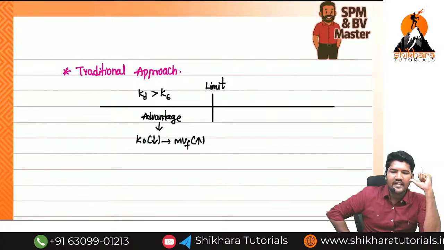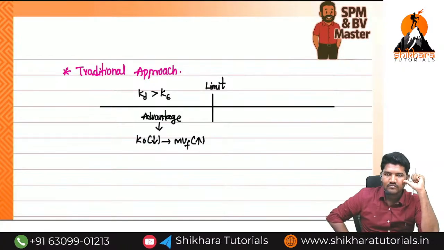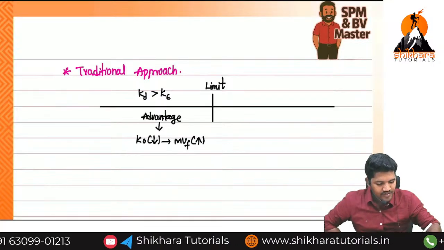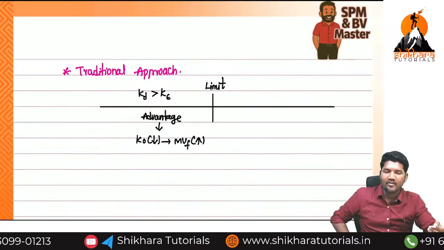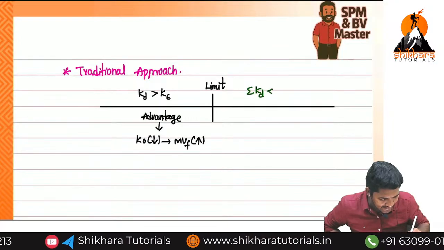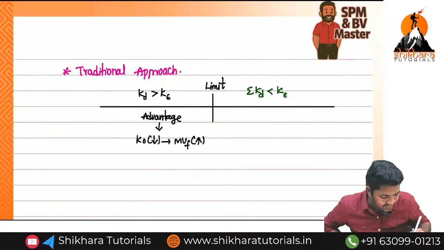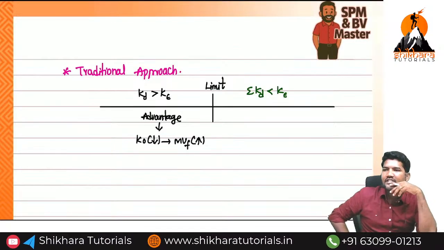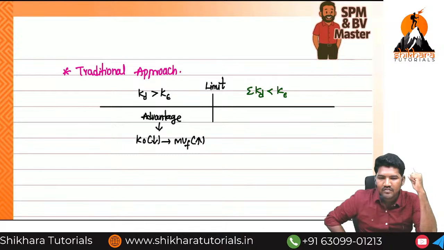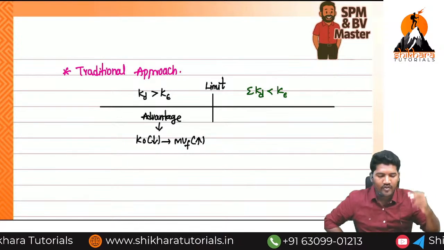KD is less than KE. Guys, clear? Now if the limit crosses, observe, the summation of KD is greater than KE. Summation of KD is greater than KE. Sir? Okay.